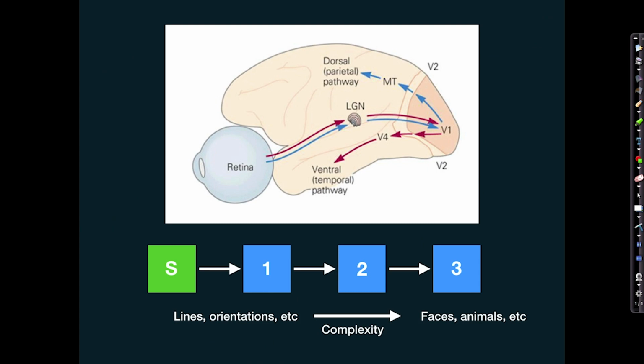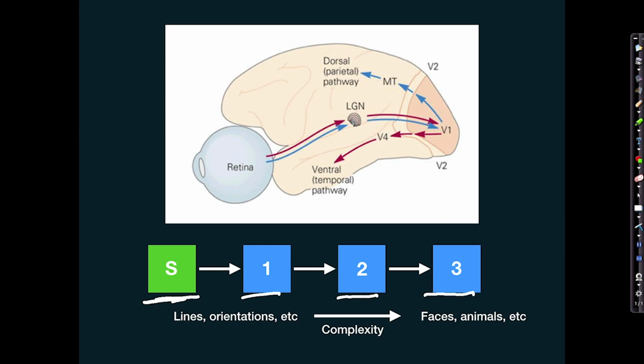So this is the way that we've been thinking about sensory processing so far. The idea that sensory information enters the cortex, through the primary visual cortex, for example, and is processed through this hierarchy of sensory processing.